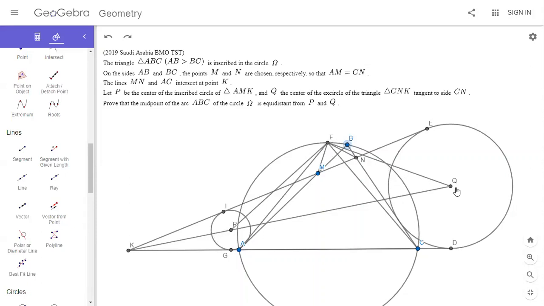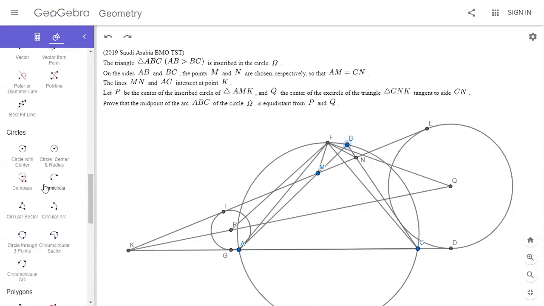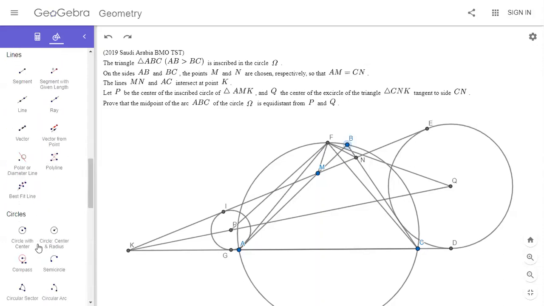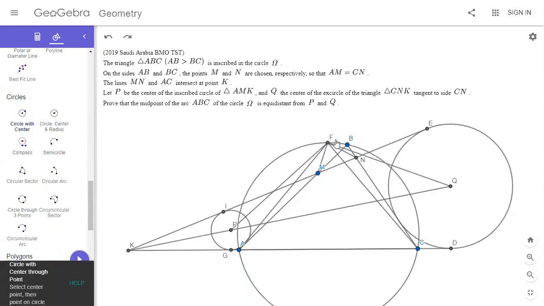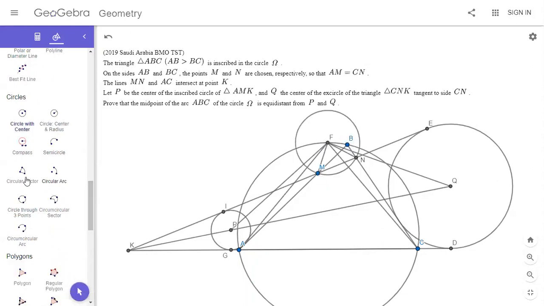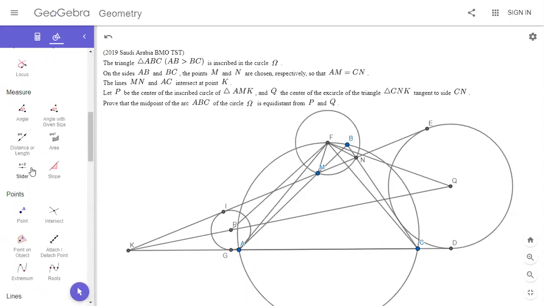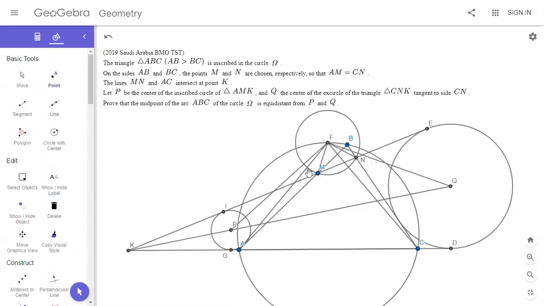So PFA equals NFQ. So yeah, what if we let the circumcircle, or what if we draw in a circle and we let it intersect AF at a point H? Then we want to show triangle PFH is congruent to triangle FNQ.